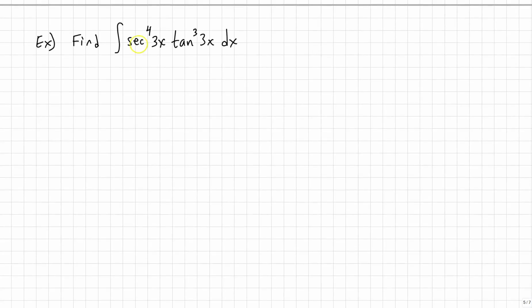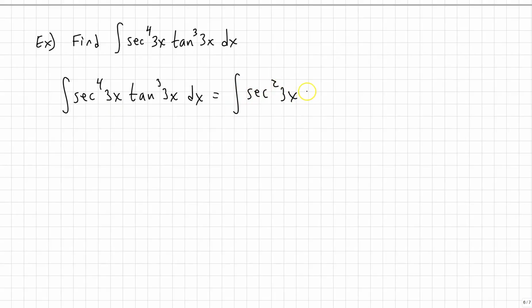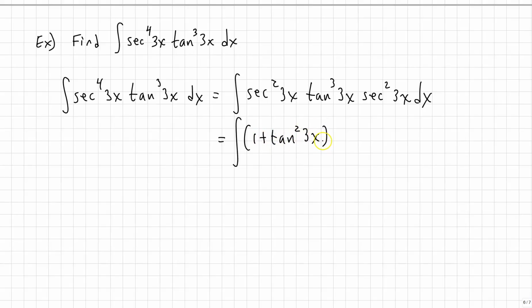So for this next one, we have secant to the 4th 3x times tangent to the 3rd 3x. So let's give this one a whirl. We have 4 secant 3x's to deal with, so why don't we go ahead and keep 2 of them together, and then swap that secant squared out for 1 plus tangent squared.